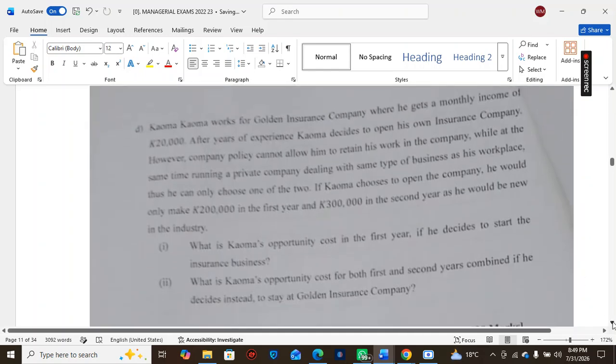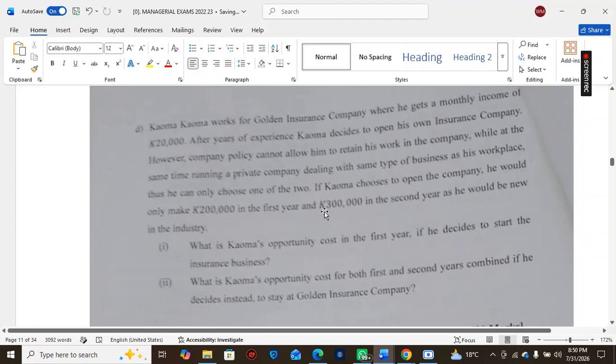Then number two, what is Kaoma's opportunity cost for both first and second years combined if he decides instead to stay at Golden Insurance Company? The opportunity cost is this 200,000 you lose in the first year, and this 300,000 you lose in the second year.